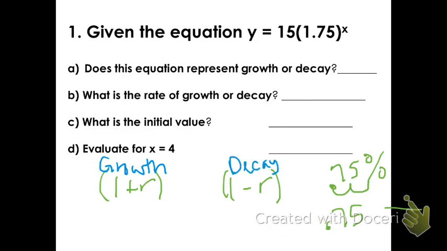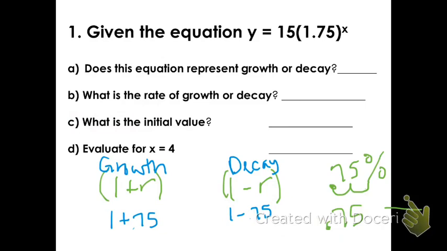When I plug 0.75 in for my R, for growth and decay, so if I do 1 plus 0.75 and 1 minus 0.75, okay? Looking at this, I know I'm going to come up with two different answers.